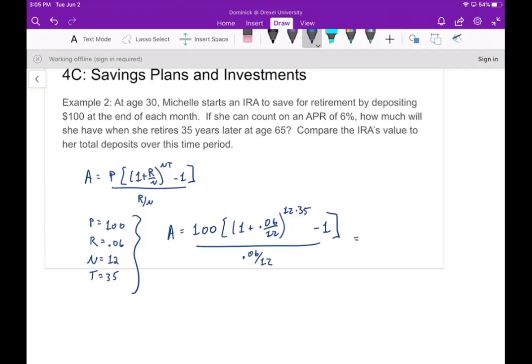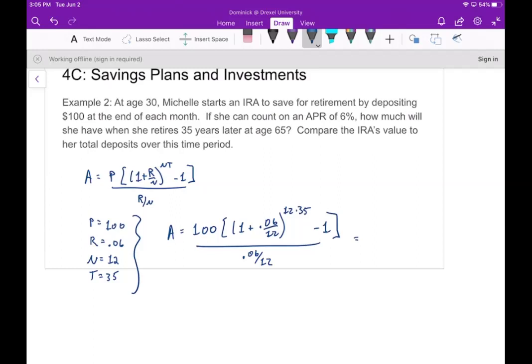All right, so again, make sure we're very careful, enter this into the calculator. So we have 100 times parenthesis 1 plus 0.06 divided by 12, close that, raise that to the 12 times 35, and again, make sure that that exponent is in its own set of parentheses.